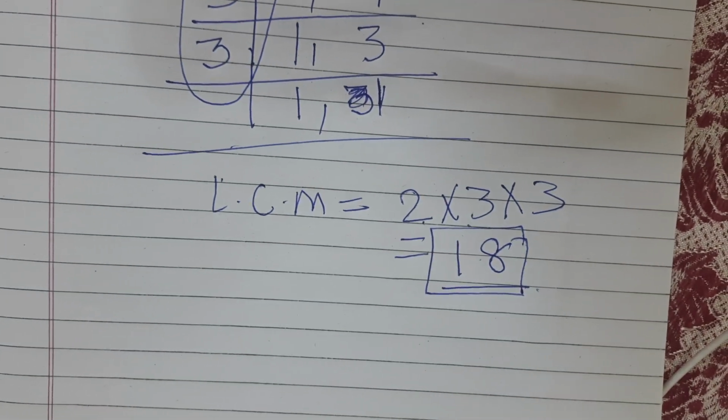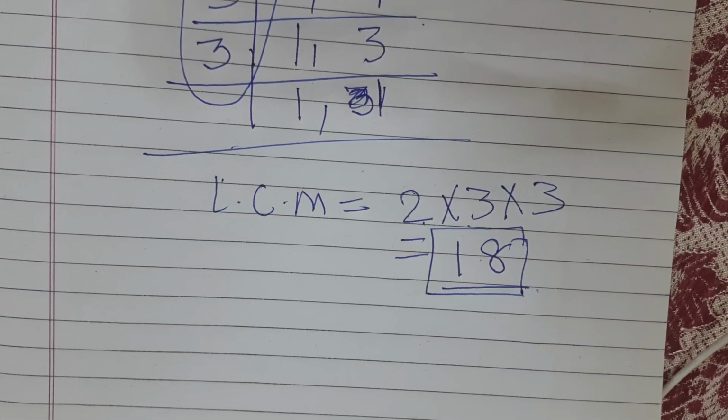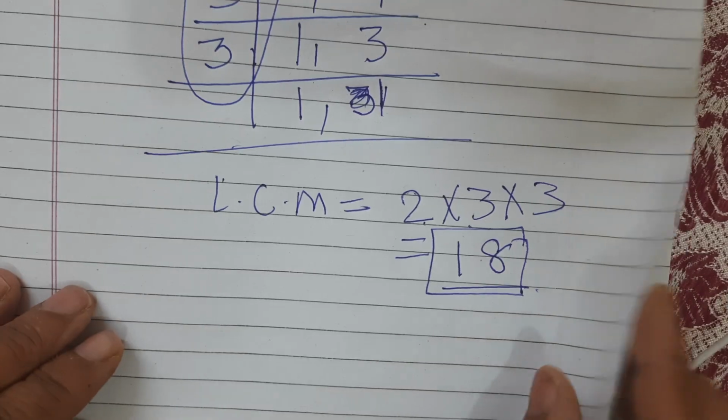Okay guys. Let's do one more if you want. Let's do LCM of 3 numbers. We'll do it in a similar way. So let me start. Let's take, what numbers do you want? Okay.